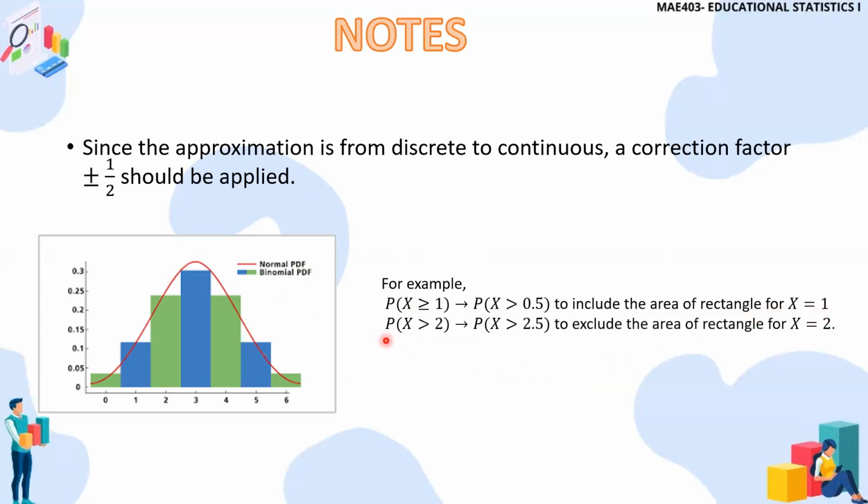Next, if you want to find the probability of X greater than 2, you approximate it with the probability of X greater than 2.5, to exclude the area of the rectangle for X equal to 2. And if you want to find the probability of X equal to 3, you approximate it with the probability of X between 2.5 and 3.5, to include the area of the rectangle for X equal to 3.